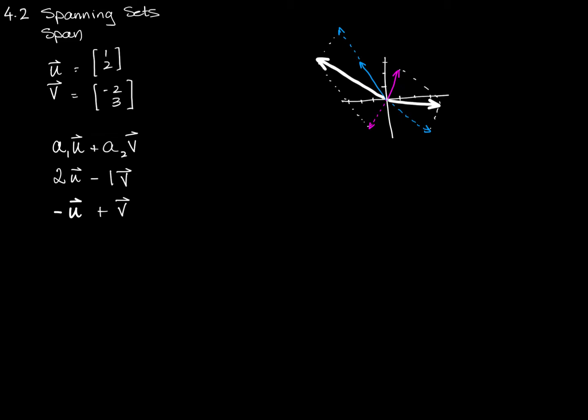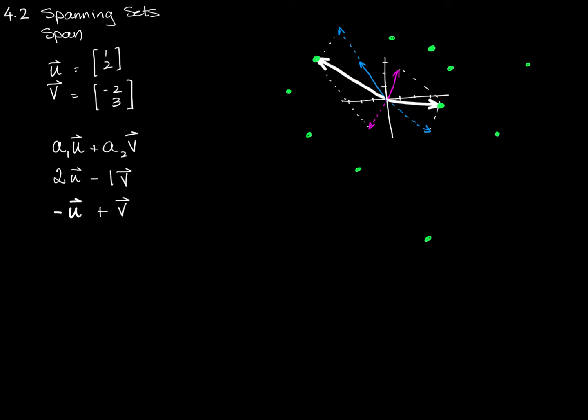Now, with an infinite number of combinations, it's not possible to do that literally, but I can say that if I find the terminal point of this vector, and then the terminal point of that vector, and another one and another one, based on scaling u and v, I am essentially going to get the entire plane of R2.